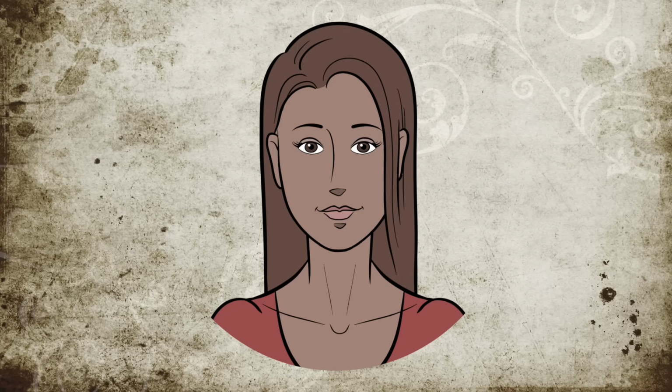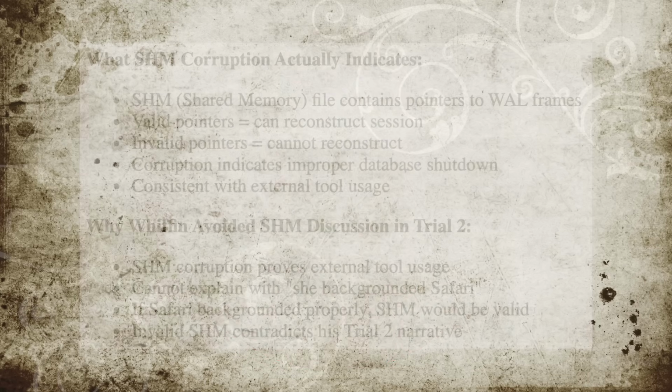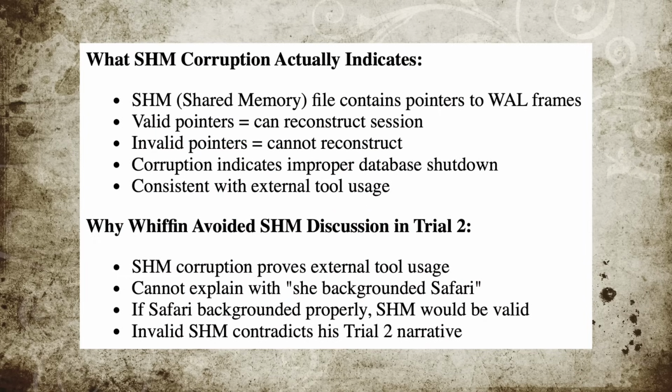You can't have it both ways, Mr. Whiffen. What shared memory corruption actually indicates is that shared memory contains pointers to the wall frames. Valid pointers means you can reconstruct the session. Invalid pointers means that you can't. Corruption indicates improper database shutdown.